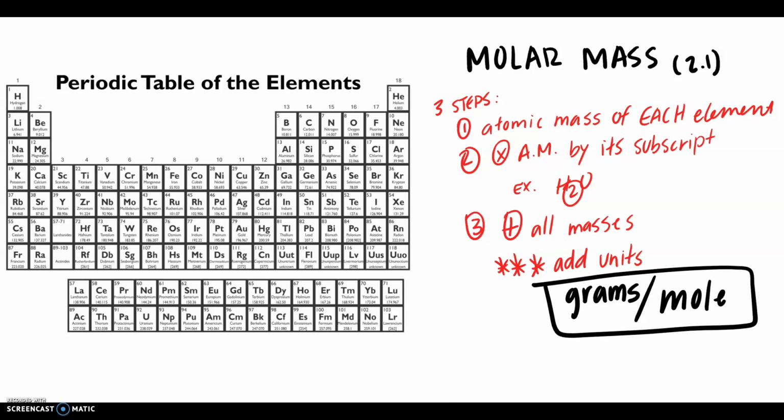So this is very important because we're going to be adding this unit, grams per mole, after each of the molar masses, right? So units are very important because they let us know what we're talking about. So grams per mole is specific to molar mass, and typically it'll be written like this. G is just for grams and MOL is for mole.